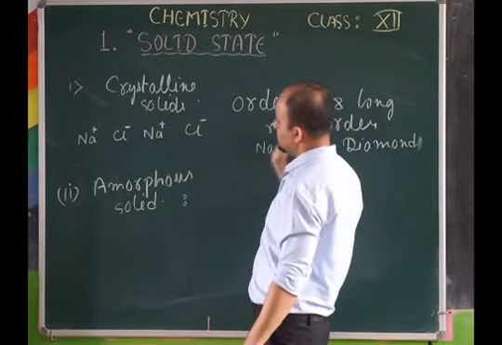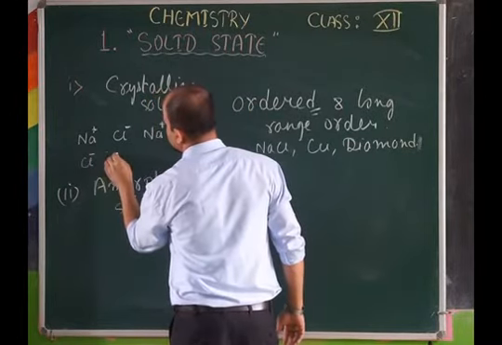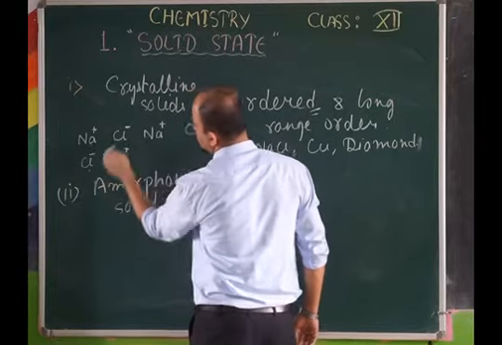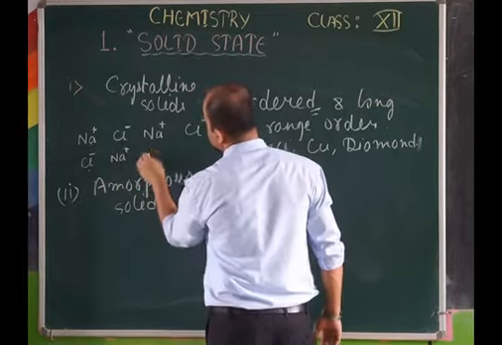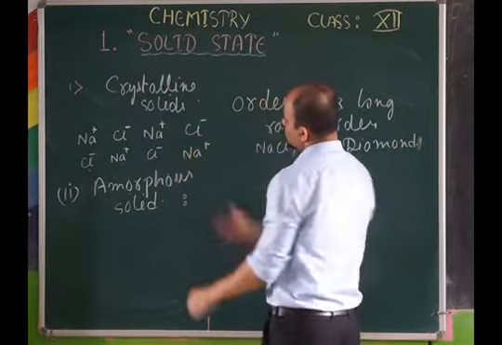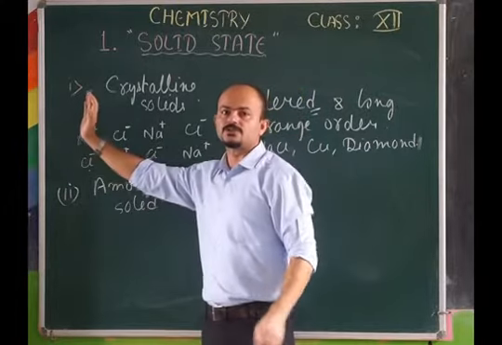It keeps on extending towards this side, and similarly below, so you have Cl minus, Na plus. If it is Na plus, it has to be Cl minus next. So it keeps on extending in all three dimensions.